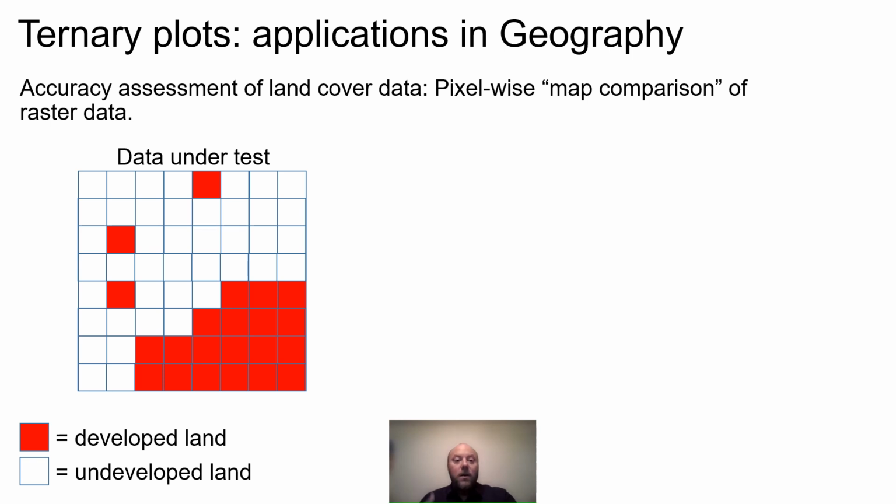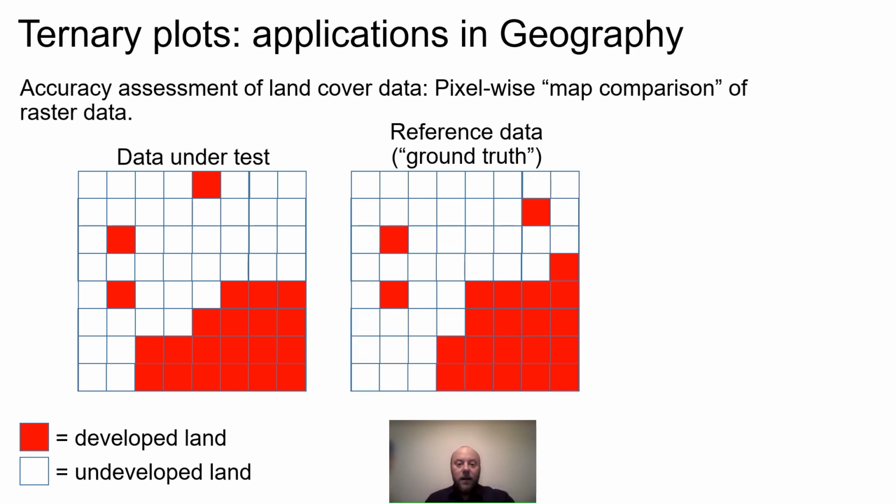And this is the data we want to test, right? Then we have some reference data, sometimes called ground truth data, that comes from a different data source and presumably is of higher accuracy, right? So what we see are differences between the two data sets, right?